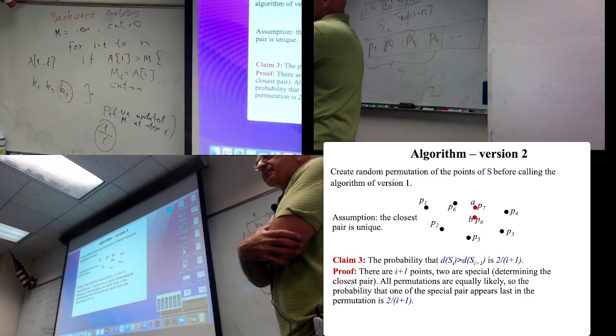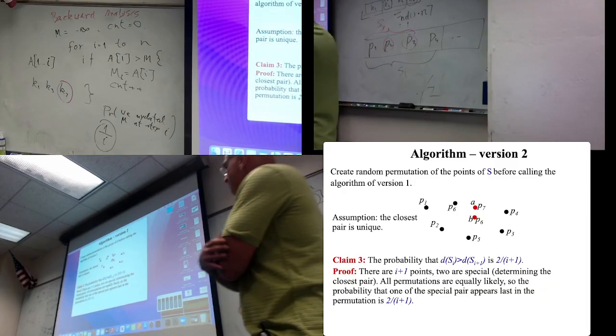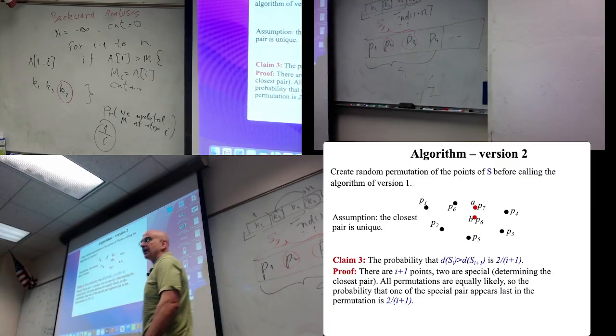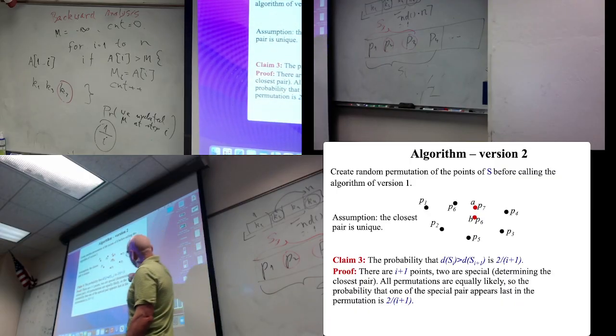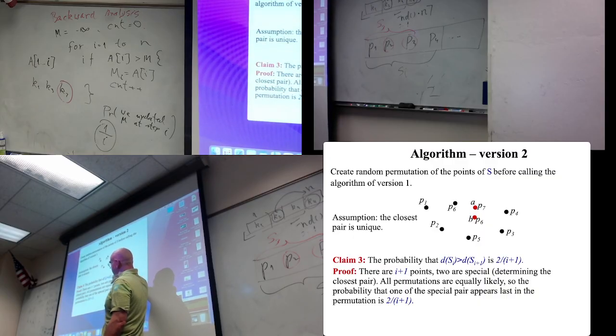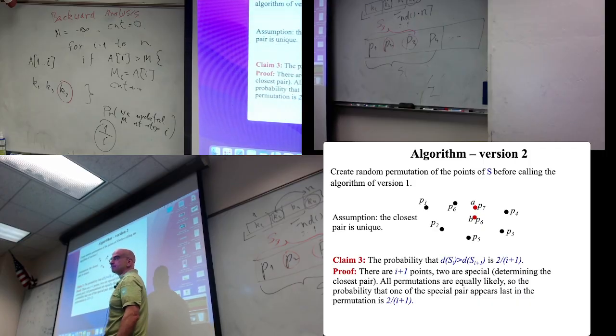Same backward analysis. There are 2 special elements. Every permutation is equally likely. The chance that I need to do all this work at the i step is only 2 over i plus 1.